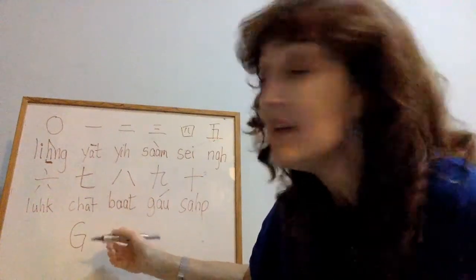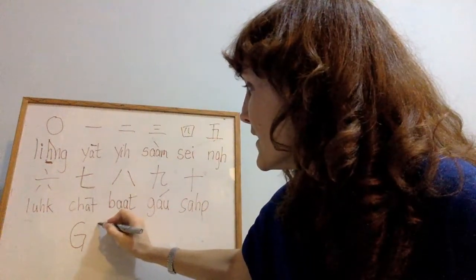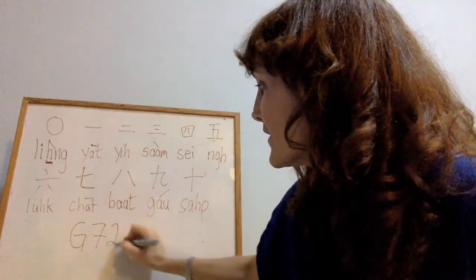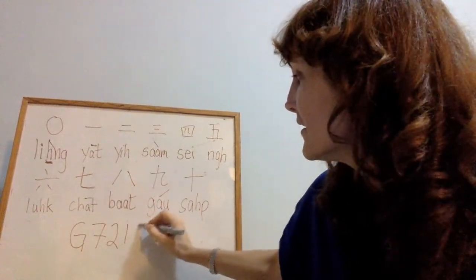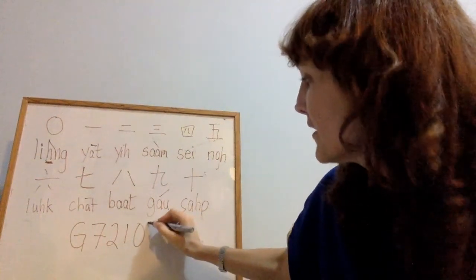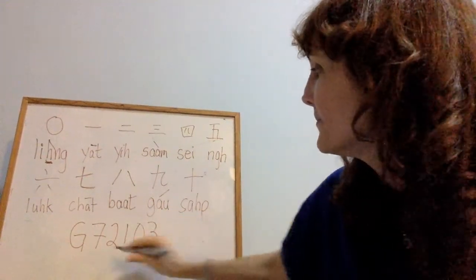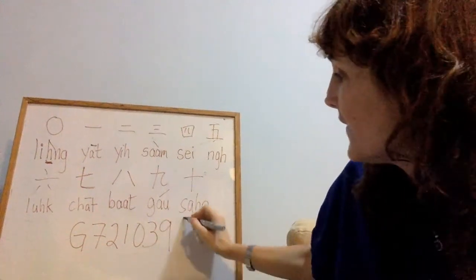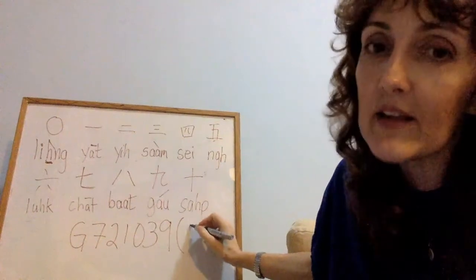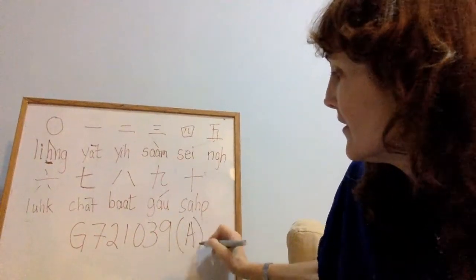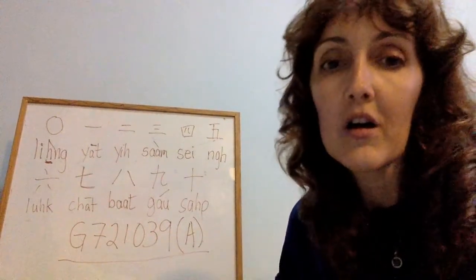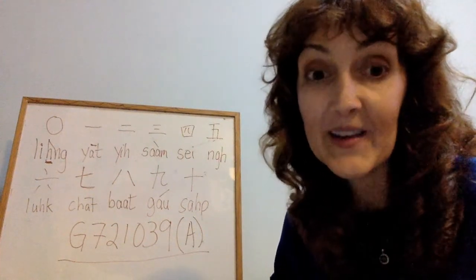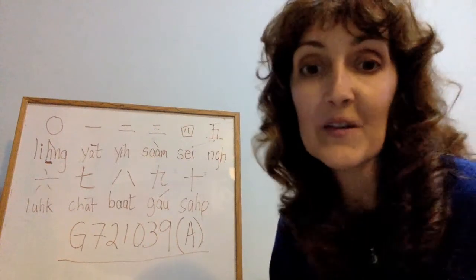We'll start with a G, and then we'll do, let's see, a 7, a 2, 1, 0, 3, and why don't we do the 9 at the end? And then you might have a bracket, and in the bracket, let's just put letter A, okay? So this is what a typical Hong Kong ID card number looks like. Totally random, so if you're like, oh my God, that's my number, I totally chose these at random.